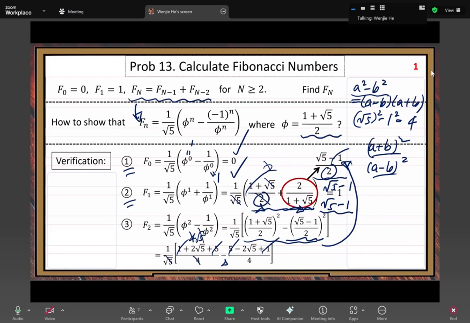Root 5 cancels out. So your answer is 1. All cancel out. So then the answer is 1. And we know f sub 2 equals 1. So we verify this case.